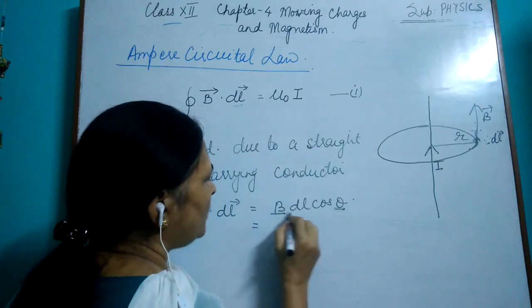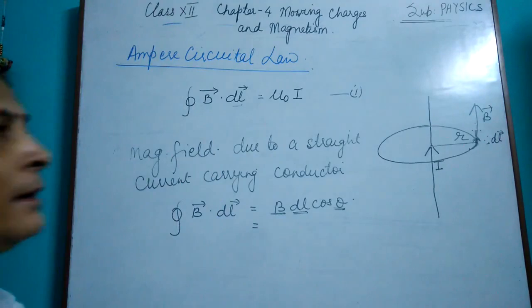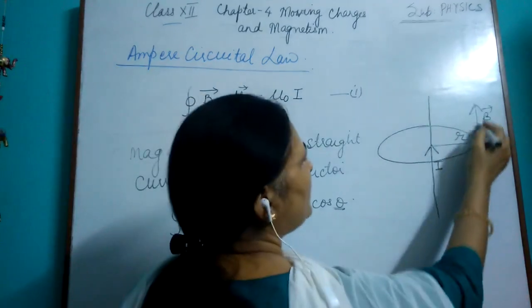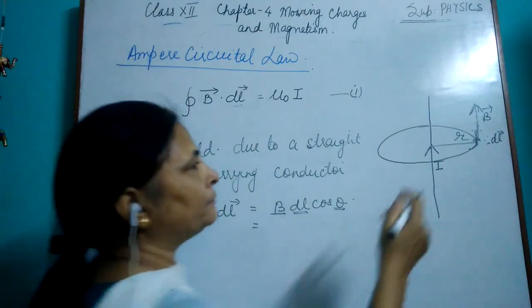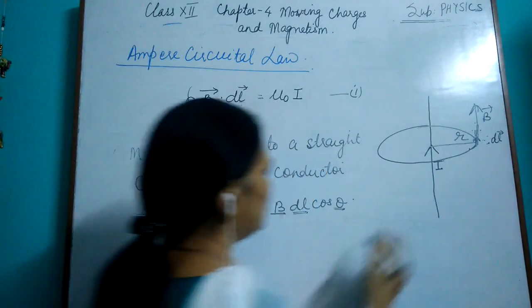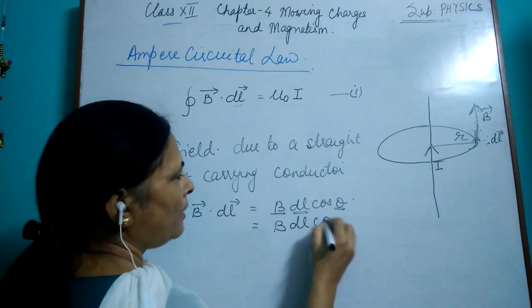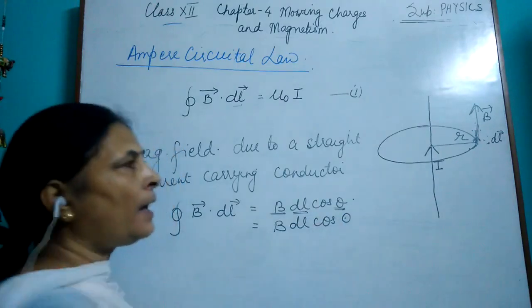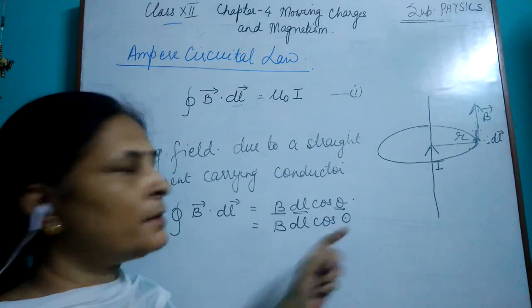Theta is the angle between B and dl. Now the direction of magnetic field here is this, you can find out from right hand thumb rule also, and this is the direction of dl. So B dl cos 0, angle between B and dl is 0.